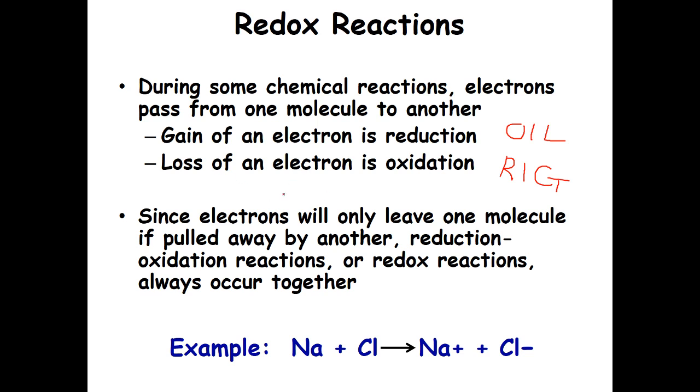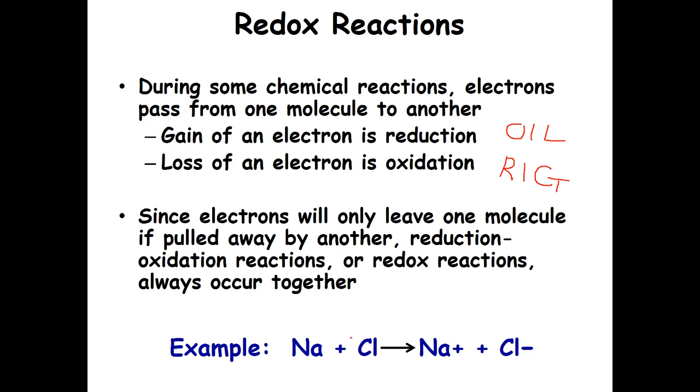And they always occur together because the electron will not just leave one molecule randomly, right? It will only leave a molecule because it's pulled away by the other. So in the beginning of the semester, we talked about sodium chloride, remember?